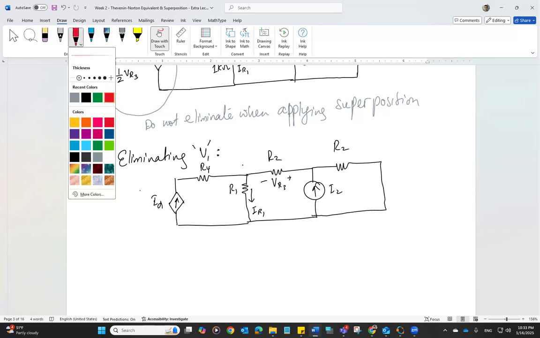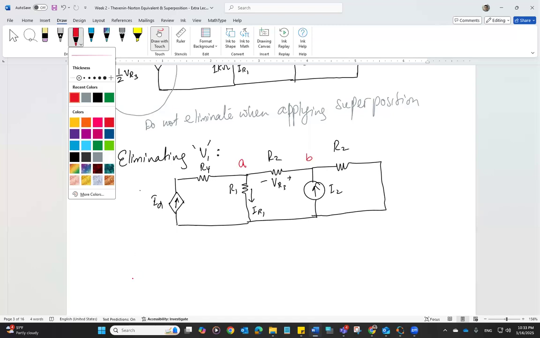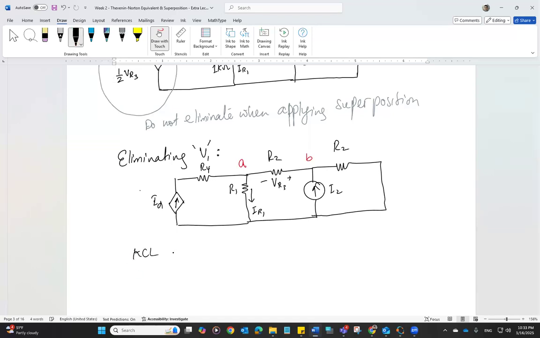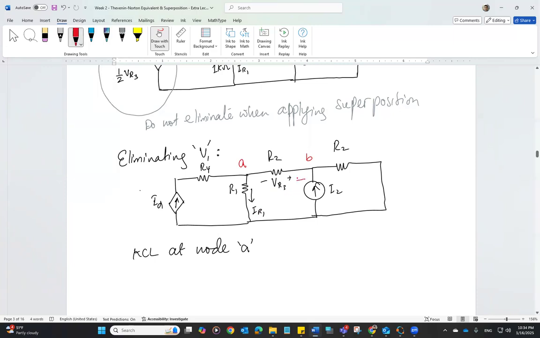So let's say I have a node A over here and B over here. KCL at node A. Let's apply some currents. IR1 is going there. Let's assume IR3 is coming.